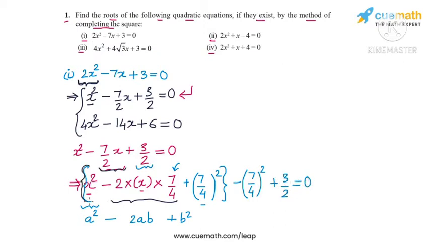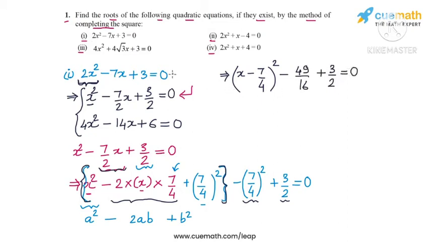Now this combination of 3 terms will become a perfect square. So this will become x minus 7 by 4 whole square. And then I'm left with minus 7 by 4 whole square plus 3 by 2, so minus 49 by 16 plus 3 by 2. This is equal to 0.